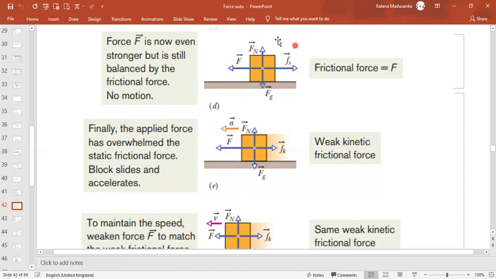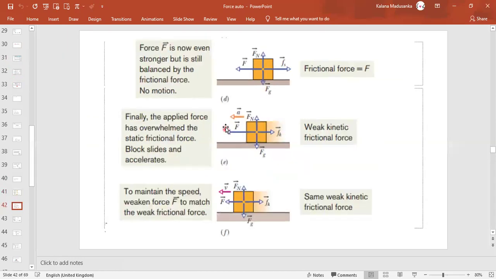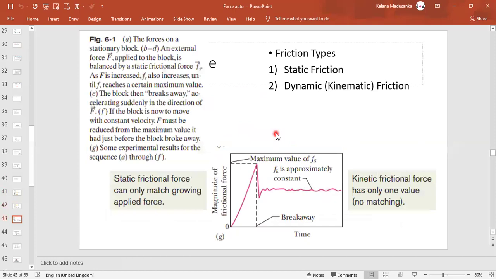We call this one a static friction force actually, right? Let me show you the diagram actually, then you can understand.